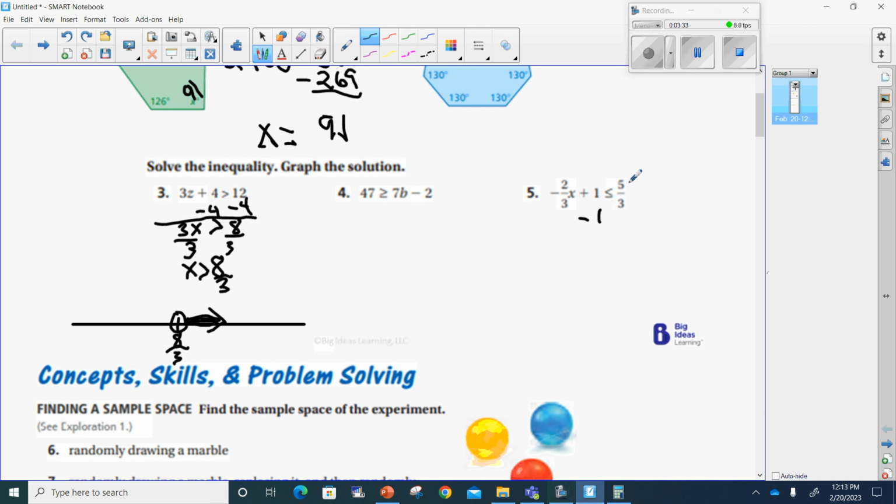And it helps to remember that 5 over 3 is really 5 divided by 3, and that equals 1 2/3. And when I turn it to 1 2/3, this is really easy to figure out, because I'm just going to go ahead and subtract that 1 away, and that leaves me 2/3.